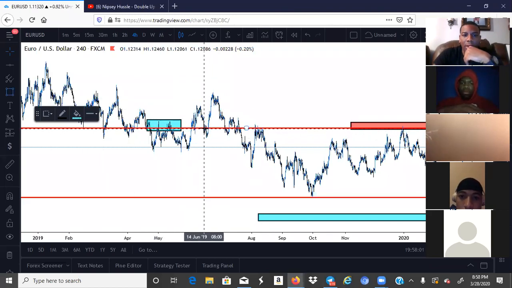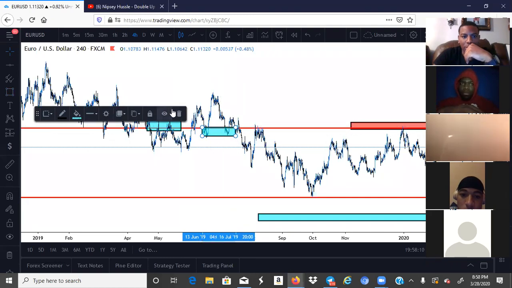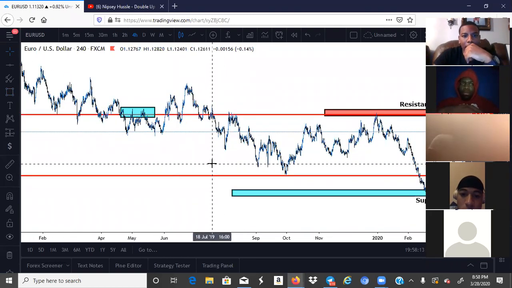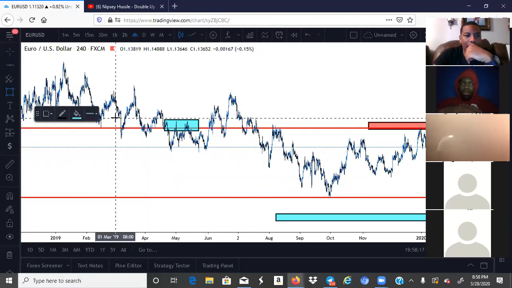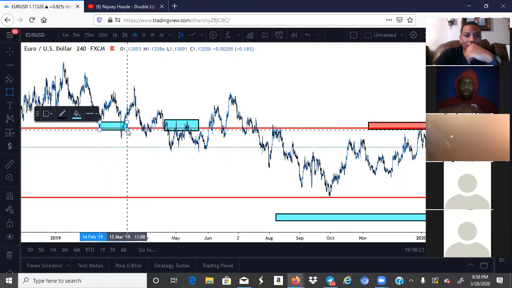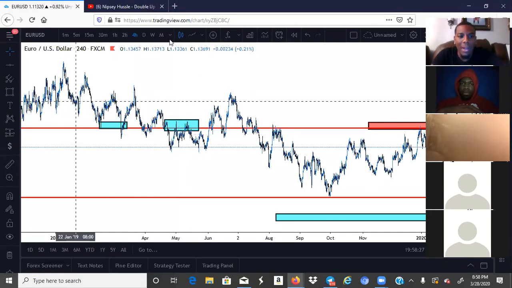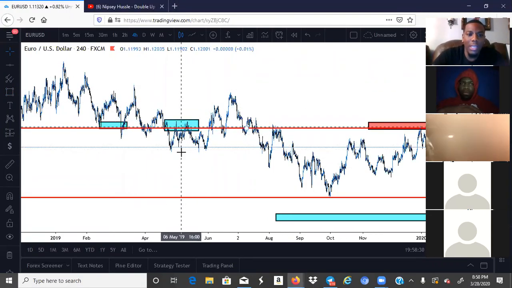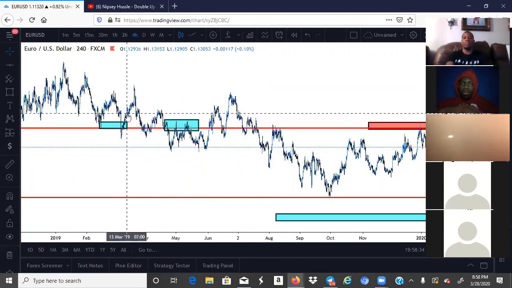This is resistance, like we said, and this is actually, well, no, this is not support. Where is it? Oh, here it is. So now right here, this was actually support. Even though it's the same little general area, it's resistance and support, because when price gets there, it respects it. It either falls or it pushes back up, depending on what's going on.